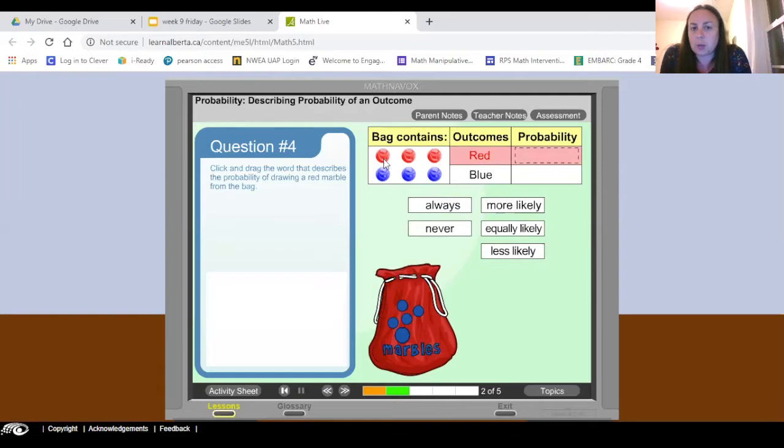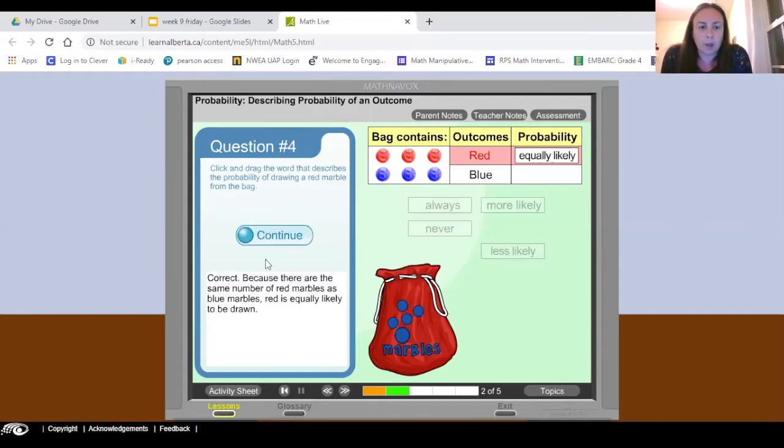More likely would mean that there were more red and there's not more red. Equally likely means that they are the same, each has 3, or less likely would be that red had fewer. So I actually need to pick the equally likely because there are the same number of each color.